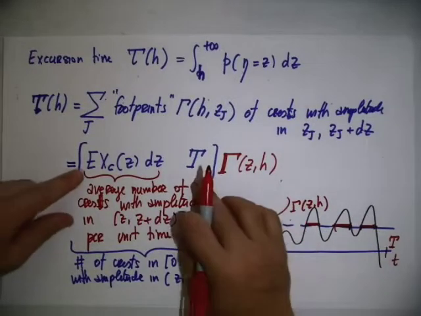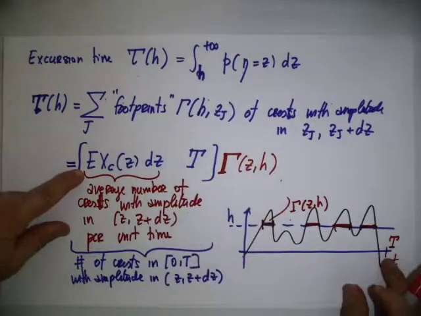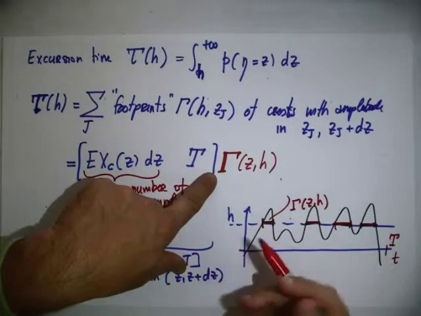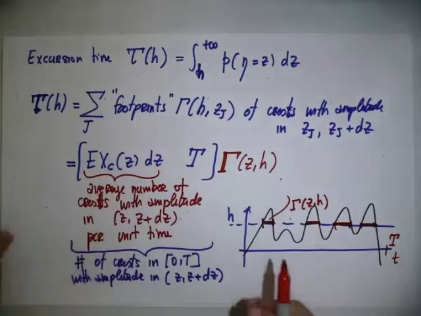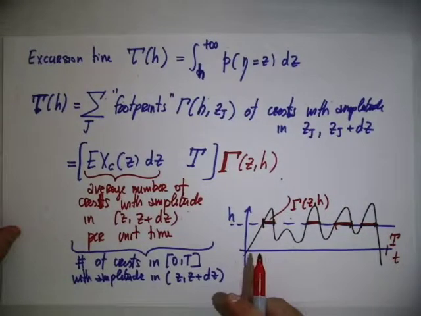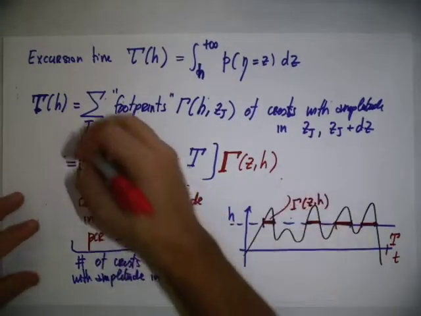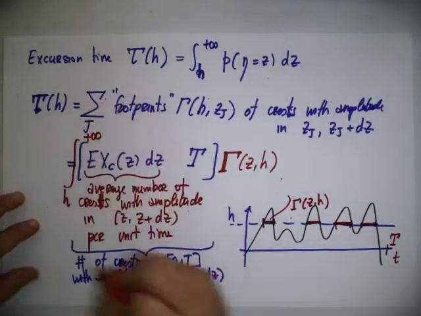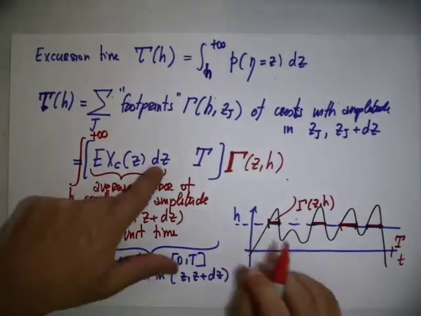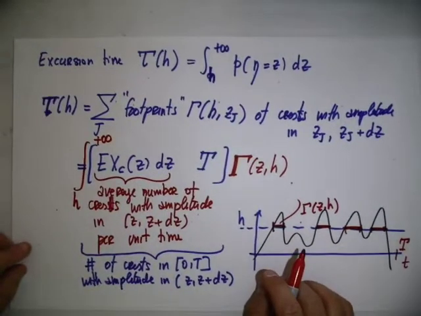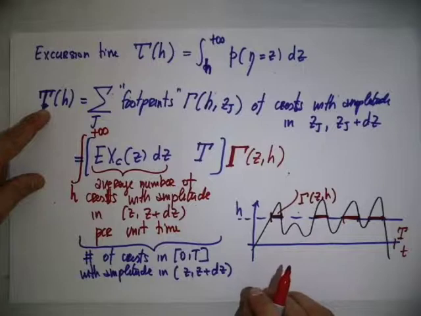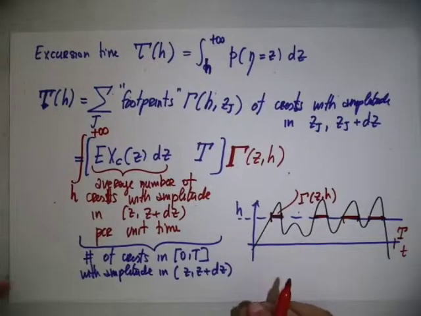Now I have a number of crests in 0 to T times this footprint, which is a unit of time. And if I take all this expression and I integrate between h and infinity in z, I'm going to get the excursion time above h.